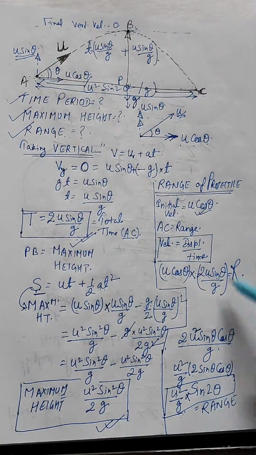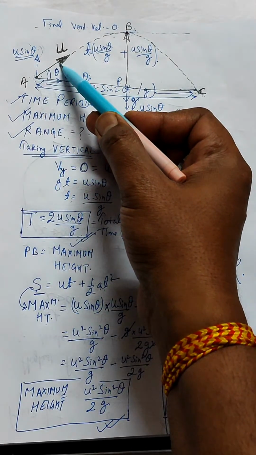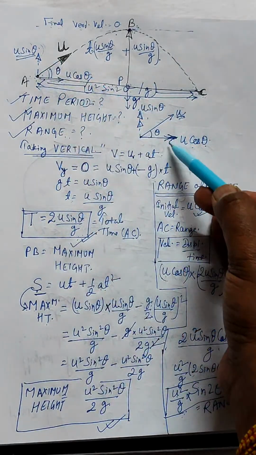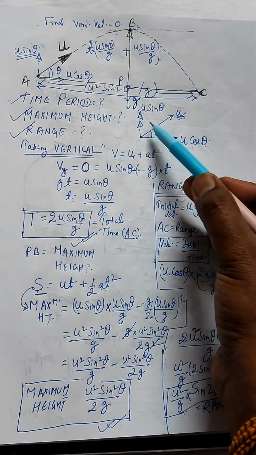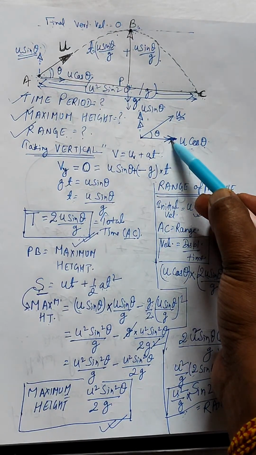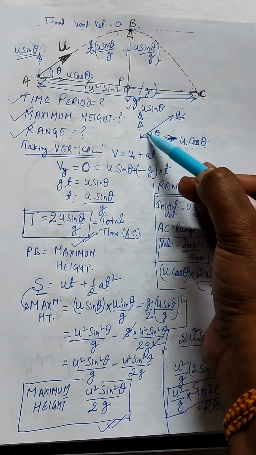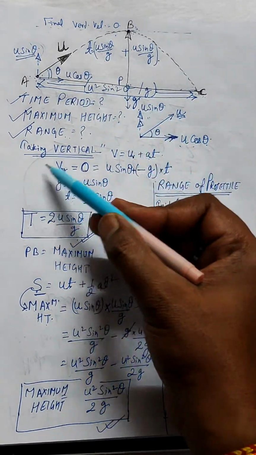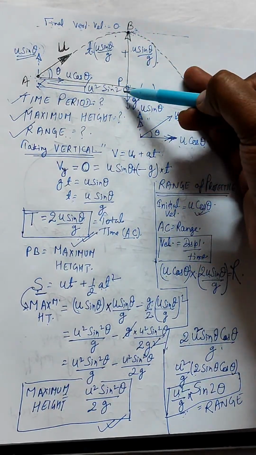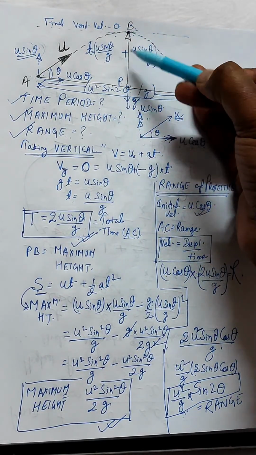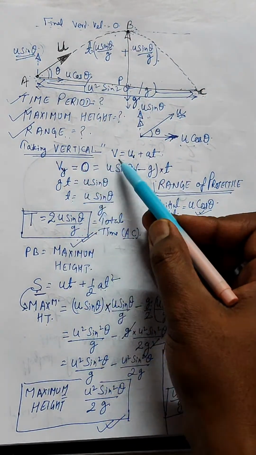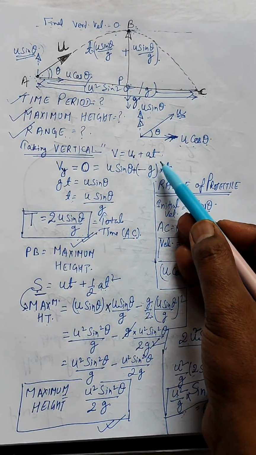What we did, we simply broke the initial velocity into two components, horizontal and vertical. Here you can see these two vectors, the vertical vector and the horizontal vector, broken down. We consider the vertical velocity in calculating the maximum height of that projectile, that is P to B. And for that, we know that v equals u plus at, right?